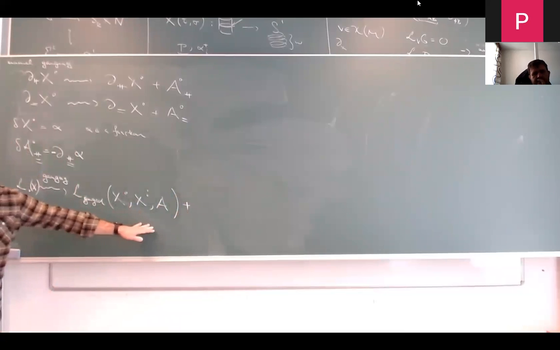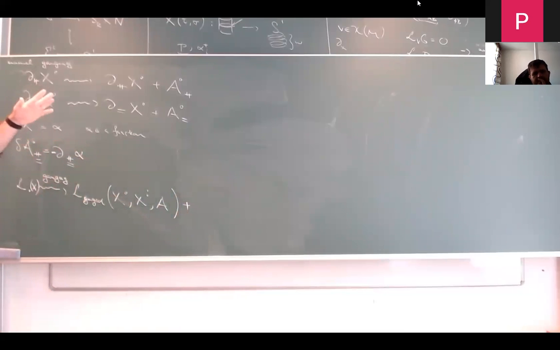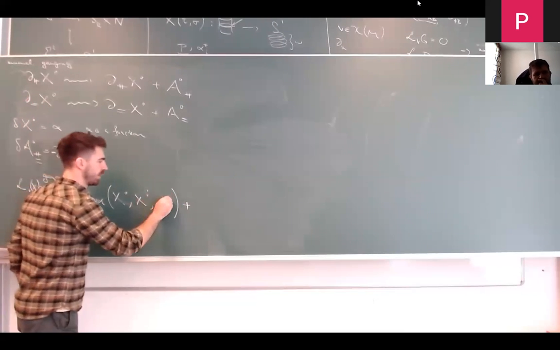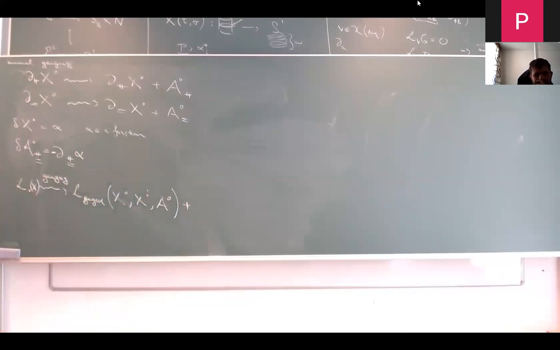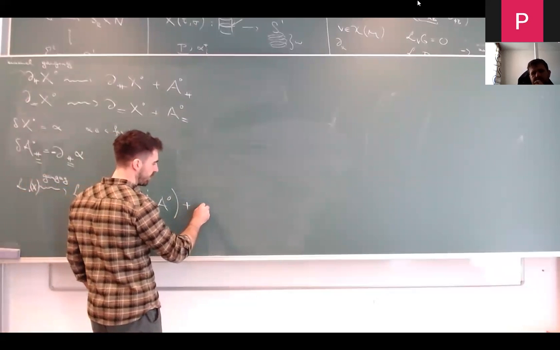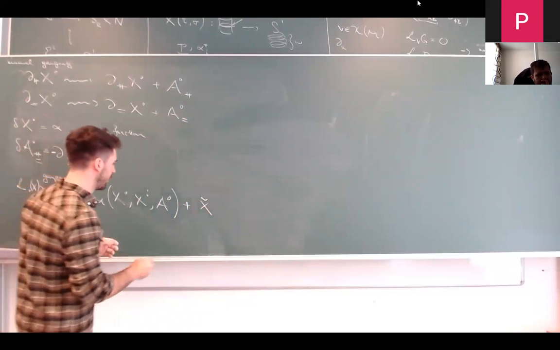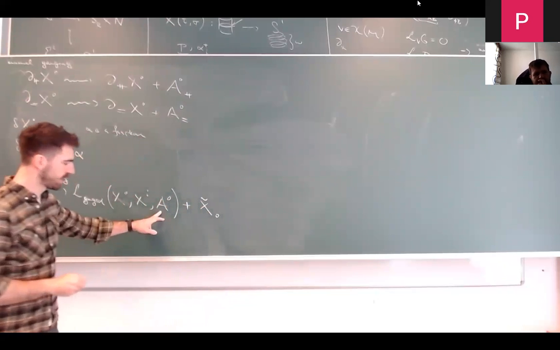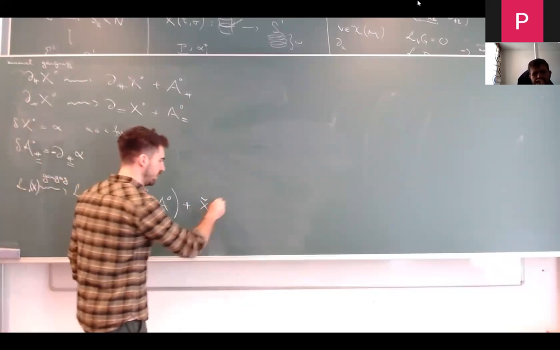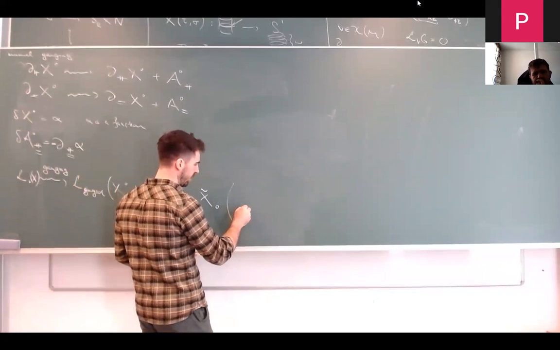I only have A0 here, sorry. I'll add this x0 as a Lagrange multiplier, which will enforce flatness of this gauge field.